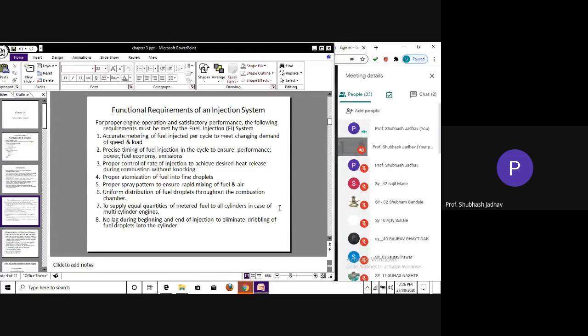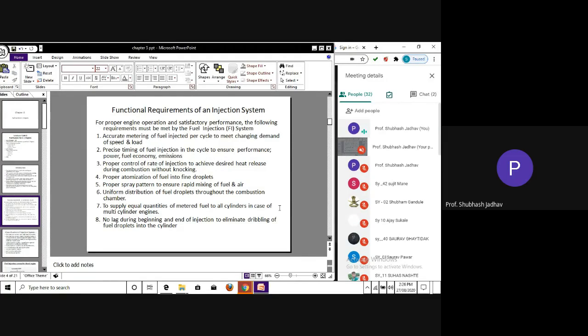What happens if it does not? Suppose the injection starts slowly, the fuel slowly comes and increases, then develops into a spray pattern, and it ends slowly too. At the start and at the end there is a probability of forming a droplet at the tip of the nozzle.